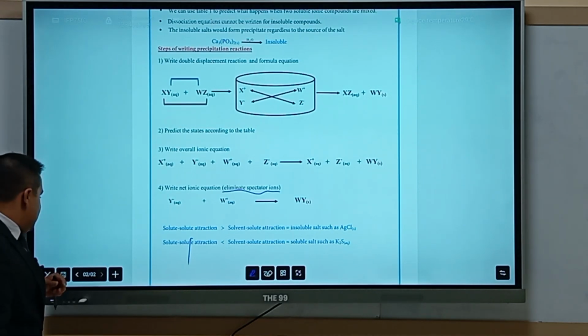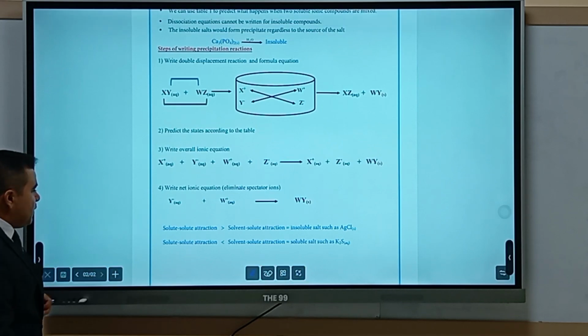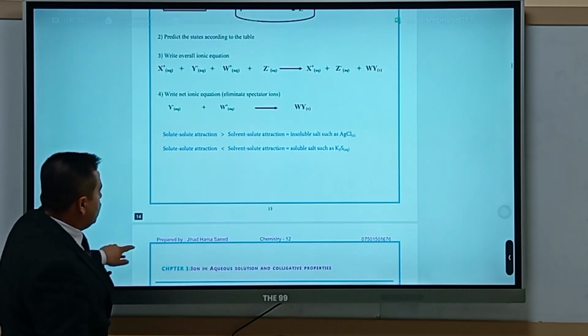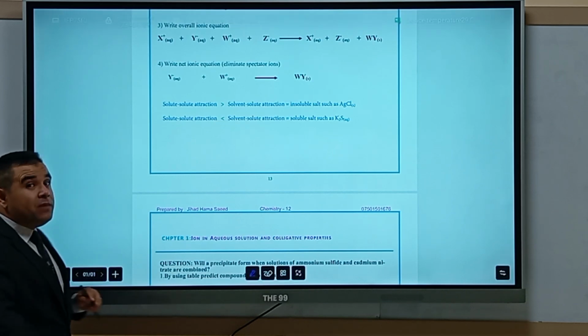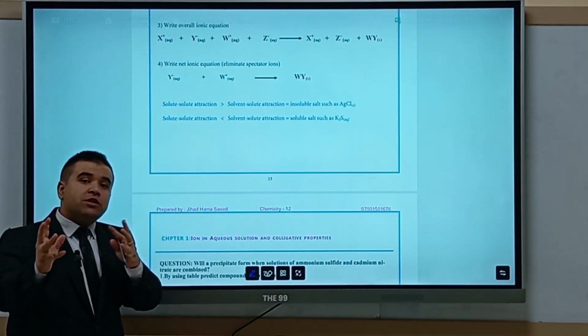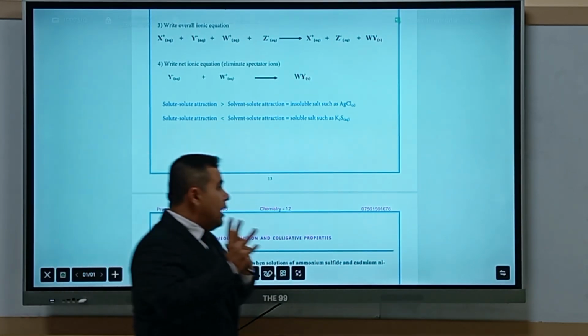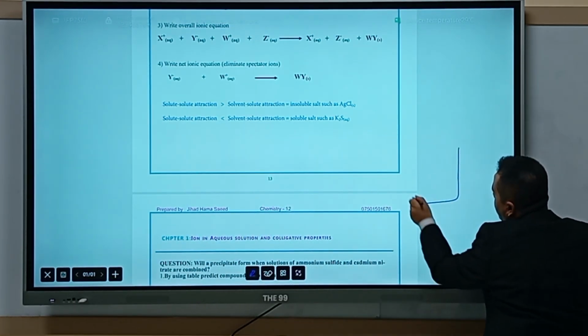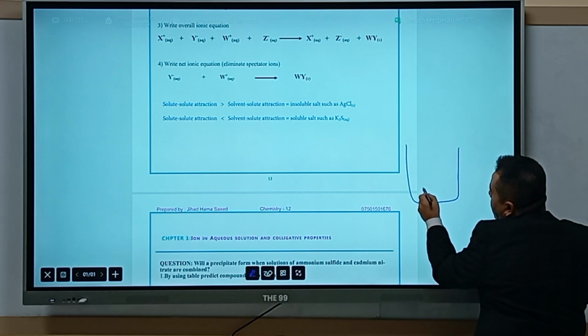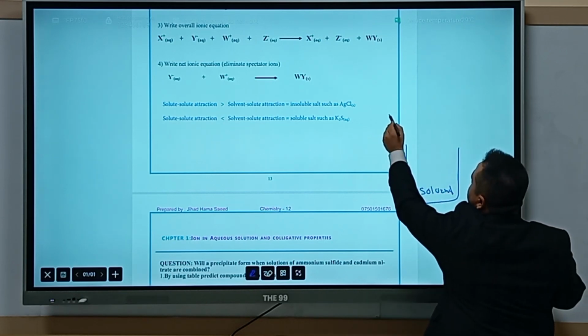So let me proceed with the explanations on the ions in aqueous solution. Guys, there are two forces: between the solute and solute, and between the solute and solvent.